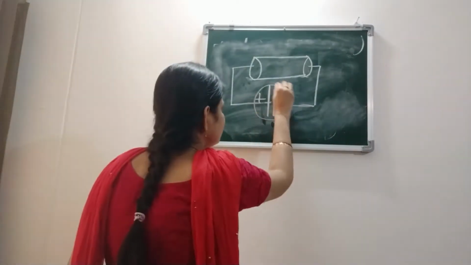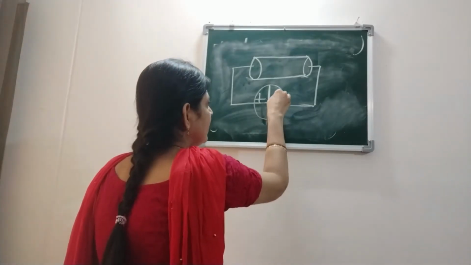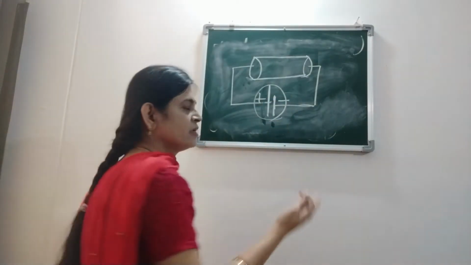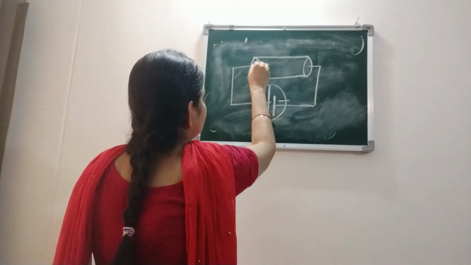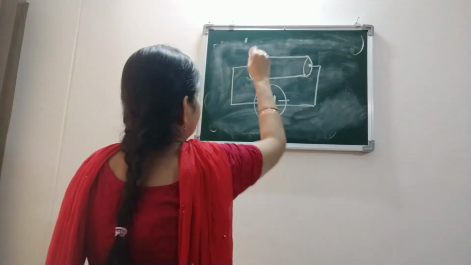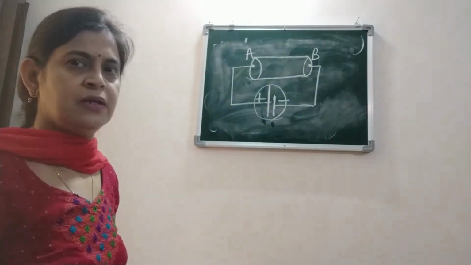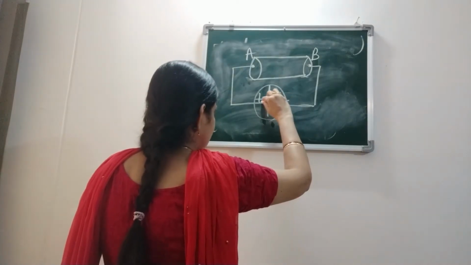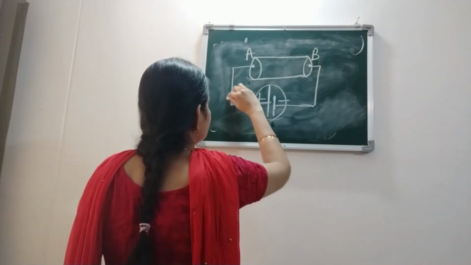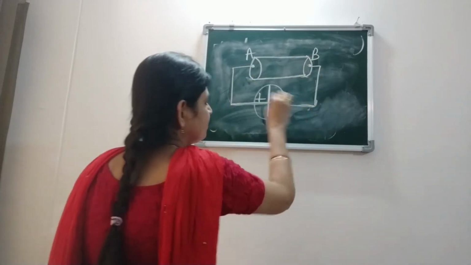Now, what does it mean? Positive and negative means what? We will discuss. Now, mark this conductor A, B. Now, when the cell is connected to the circuit, first of all, this is a closed path.